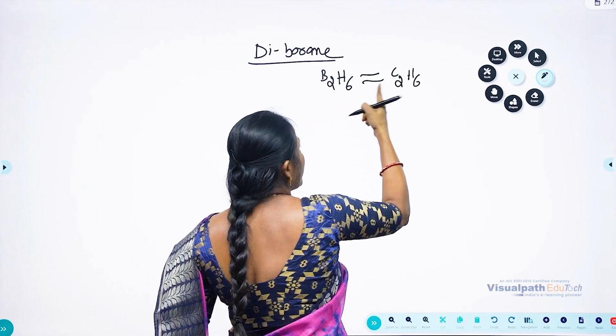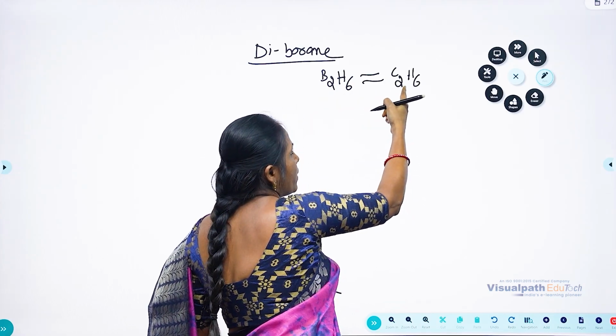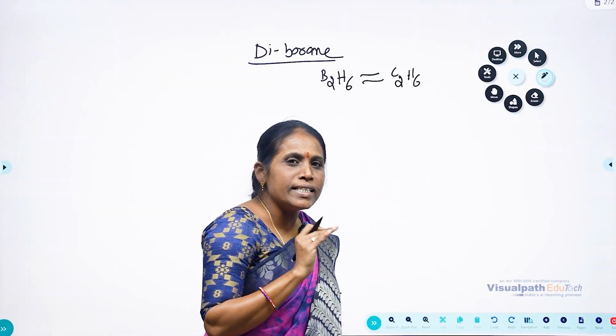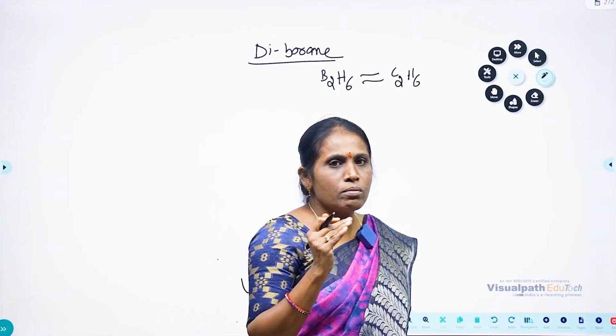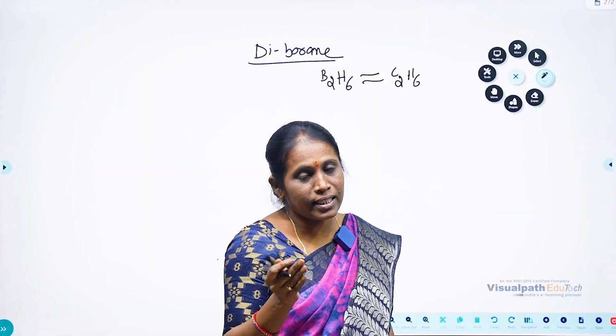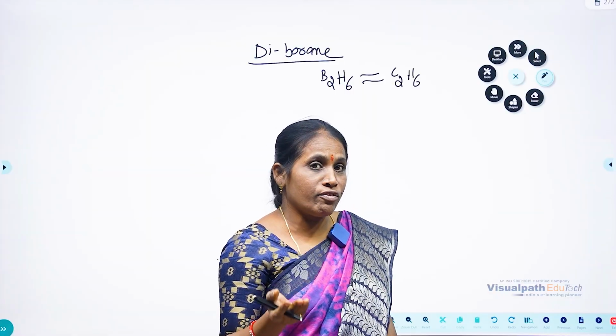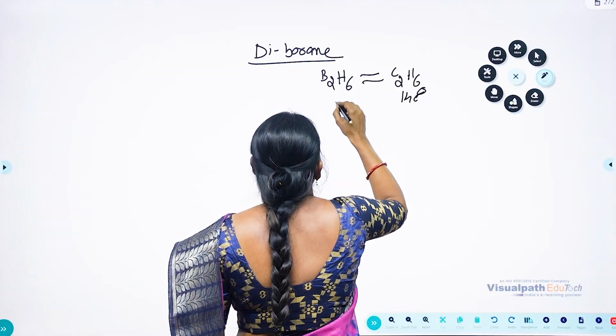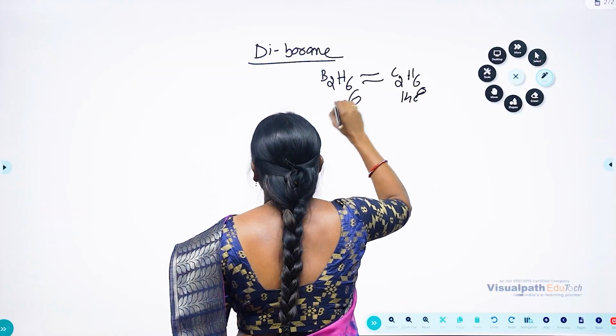It is similar to C2H6. Here there are 2 boron atoms and there are 2 carbon atoms, and 6 hydrogen atoms in each. So B2H6 and C2H6 are similar, but the number of electrons is different. C2H6 has a total of 14 electrons, while B2H6 has only 12 electrons.